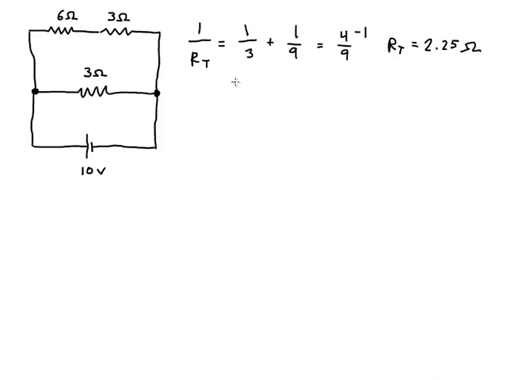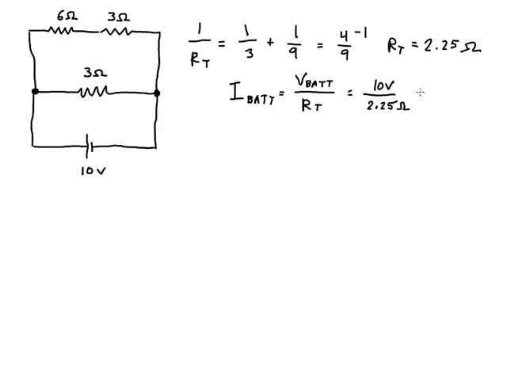Okay, why is that important? Because that can allow us to find the current through the battery. If we use Ohm's law, we can find the current through the battery by taking the voltage of the battery and dividing it by the total equivalent resistance. The voltage is 10, and this total equivalent resistance is 2.25 ohms.